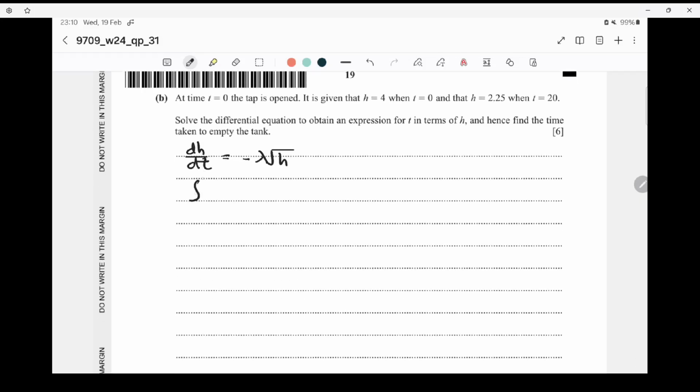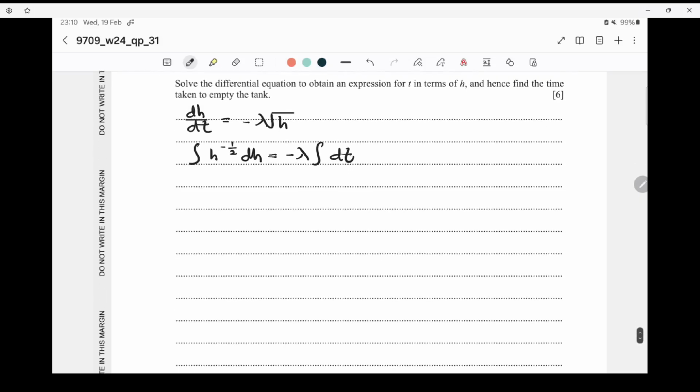You would have the integral of h to the minus 1 over 2 dh equals minus lambda dt. Lambda is a constant, so you don't need to integrate it. Once you integrate the left side, you will have 2 h to the power 1 over 2 plus some constant of integration, equals minus lambda t.